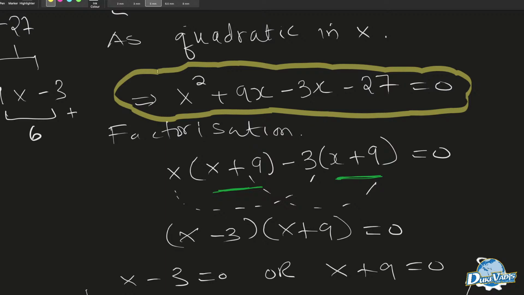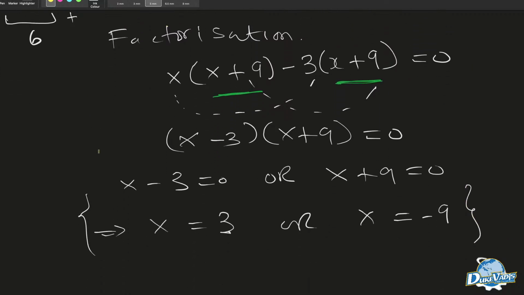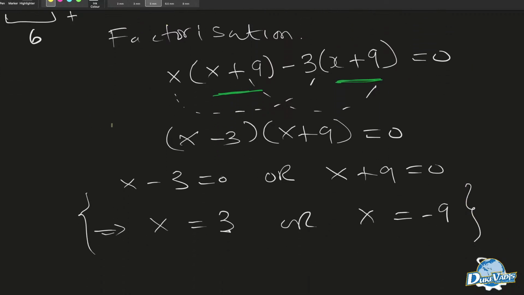That helped us pull the common ones aside: x minus 3 together, and x plus 9 being common. Then we get to the point where we say (x minus 3)(x plus 9) equals 0. Then we were able to find our answer.